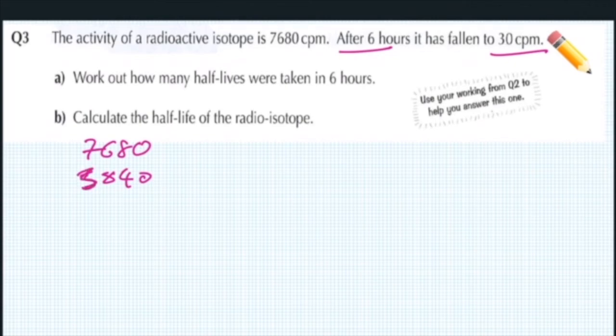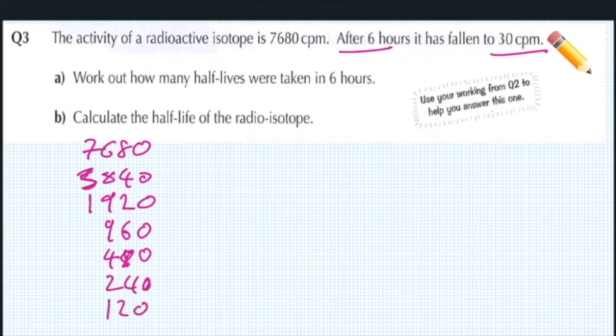And then we divide that by 2 again, 1,920, and again 960, and again 480, and then again 240, and then again 120, and then again is going to be 60, and then again is going to be 30. So we've reached our 30 counts per minute, and we've divided it a number of times.